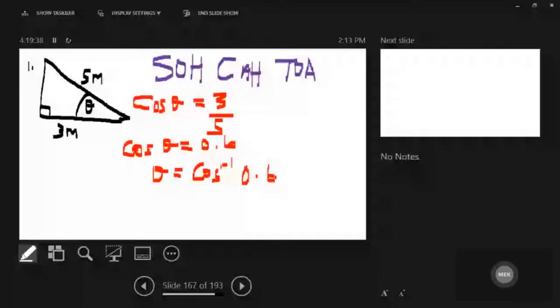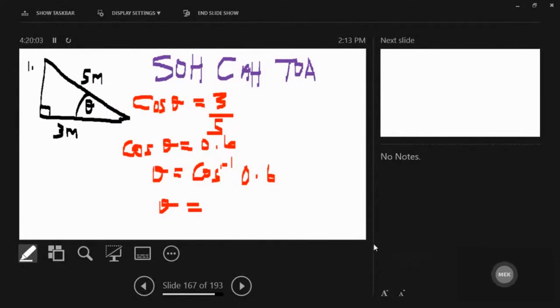So shift, cosine, 0.6, and tell me what you get for theta. That will give us our angle. So plug that in.